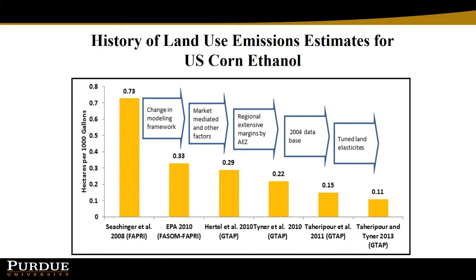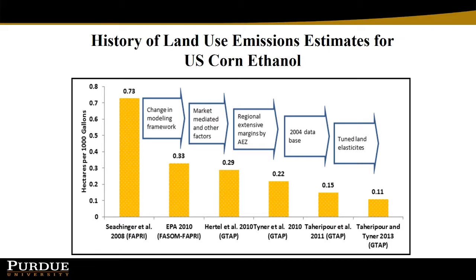He estimated that in order to produce 1,000 gallons of ethanol, you need about 0.73 hectares of new land. This means that you have to convert forest or pasture land to cropland.